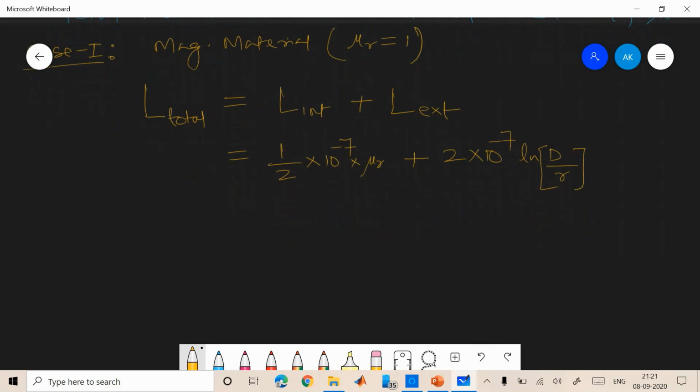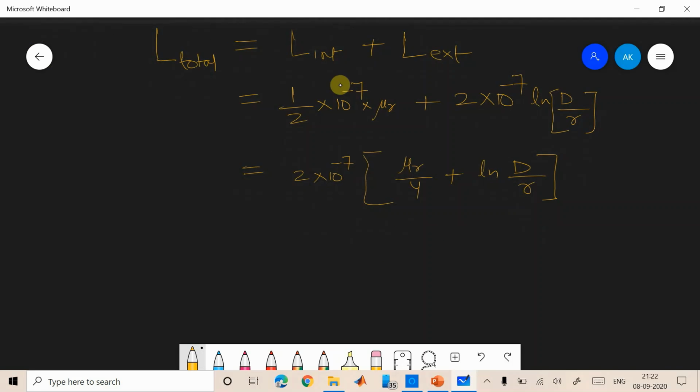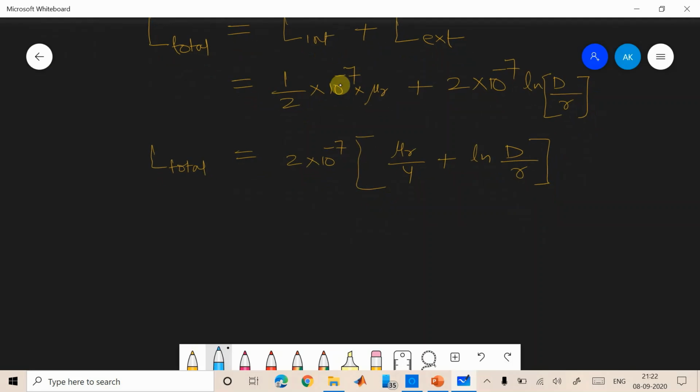Okay? So on simplification, if we take 2 into 10 raised to power minus 7 as common, what will be here? Here will be mu r by 4 plus ln d by r. Okay. So this will be your L total for magnetic material.